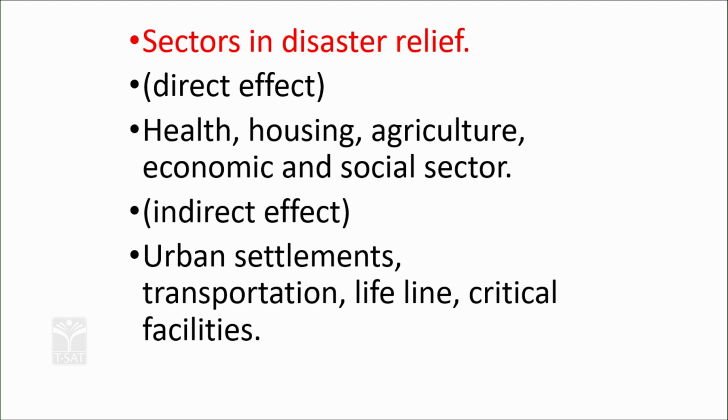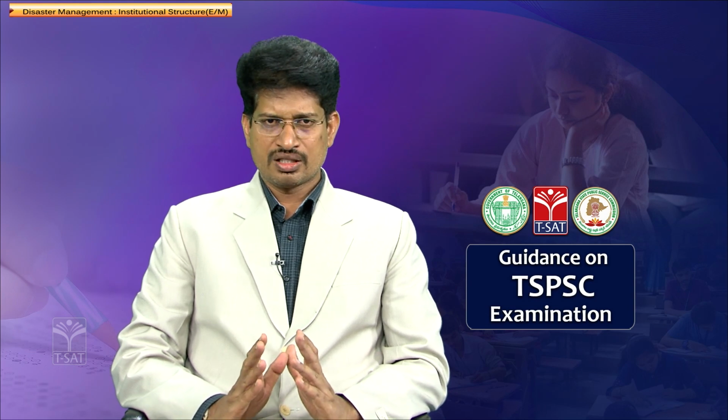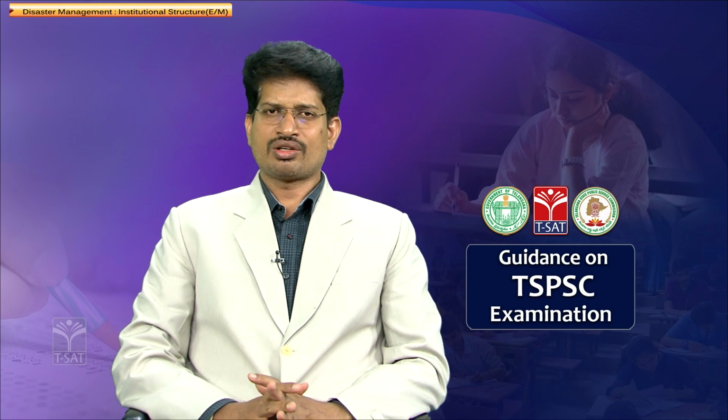Because of this, the structure of the family itself is destroyed by these disasters, because when we lose a member of the family, the structure is disturbed. So, these are direct sectors: health, housing, agriculture, economic activities in terms of jobs, and the social sector, meaning in terms of society, family is a social sector. These have a direct impact on us.